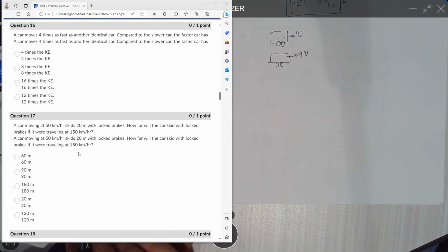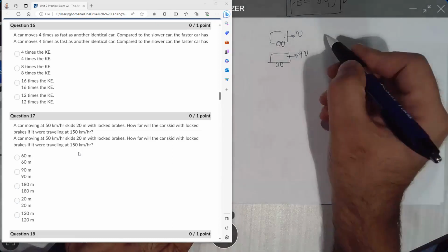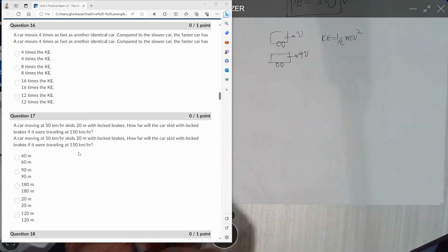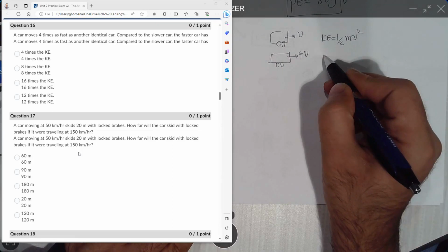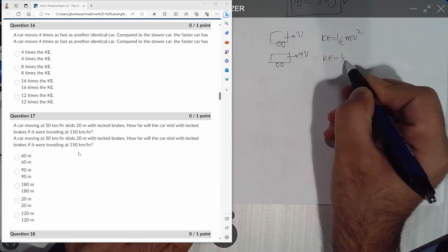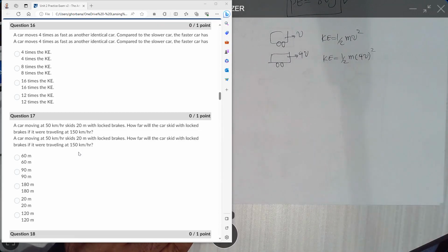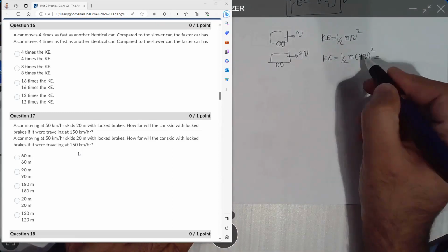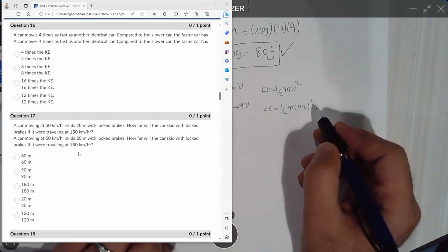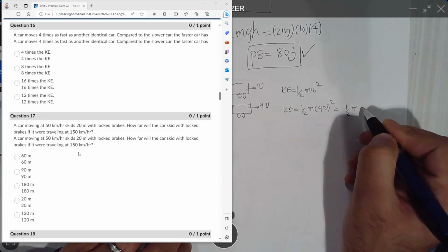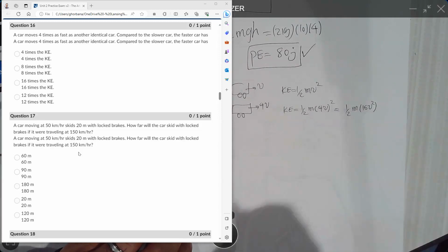Compared to the slower, what happened to the kinetic energy of the faster? We know that the kinetic energy is 1 over 2 m velocity squared, good? If we quadruple the velocity, instead of velocity, we need to put 4v squared, which will be 1 over 2 m 16 velocity squared.